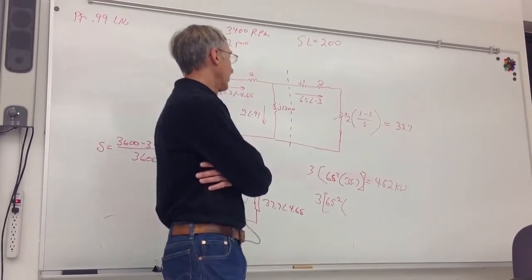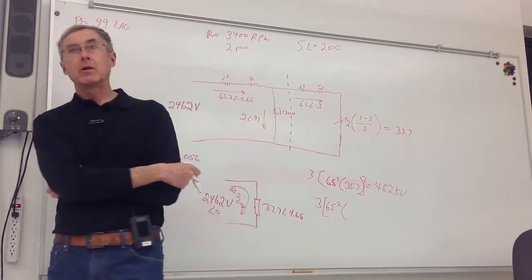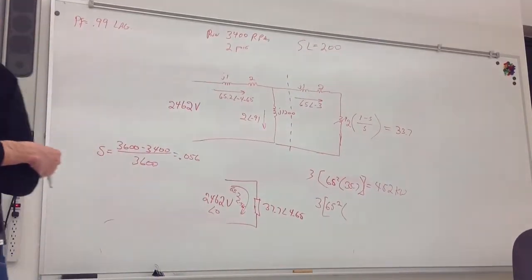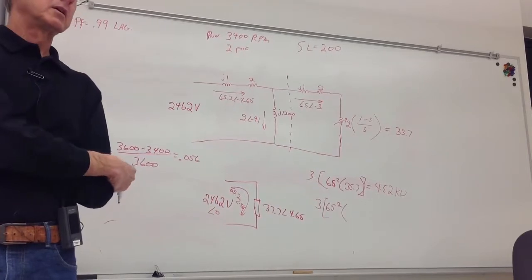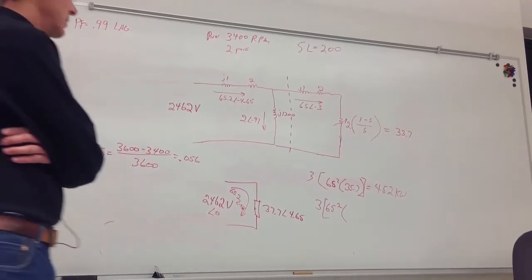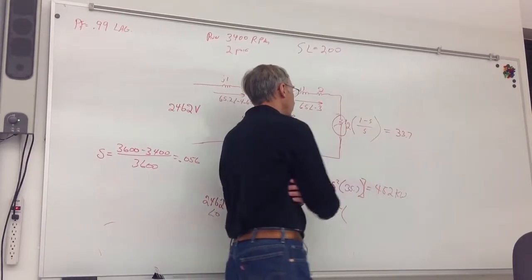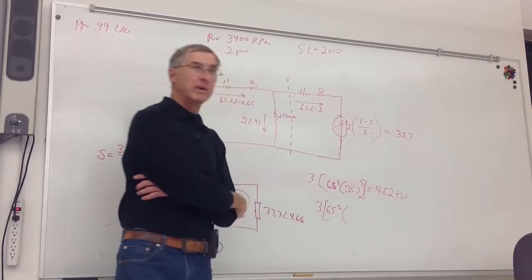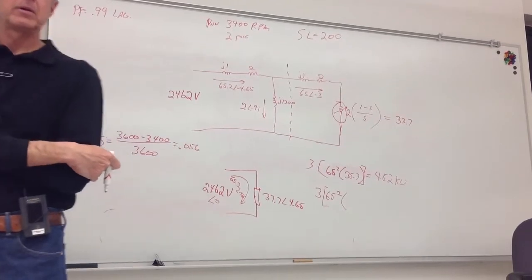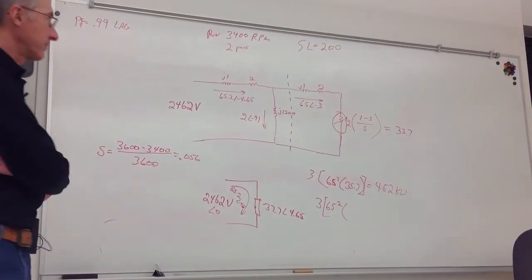Which part of this thing models the rotor? The variable resistor. That's what this is. This is the model of the power that's being developed in the rotor. Okay, so it's just the 33.7.